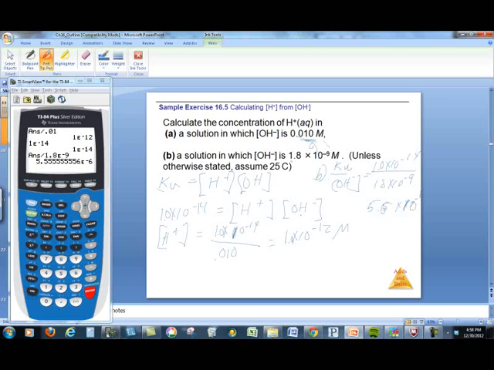I have two sig figs in both of these, so I want two sig figs in both my answers. This is 1.0 times 10 to the minus 12 and 5.6 times 10 to the minus 6.